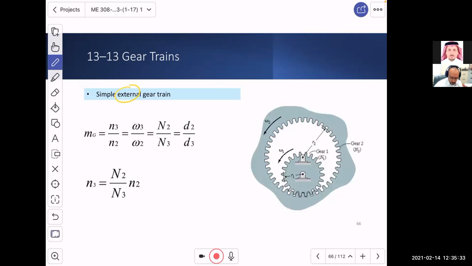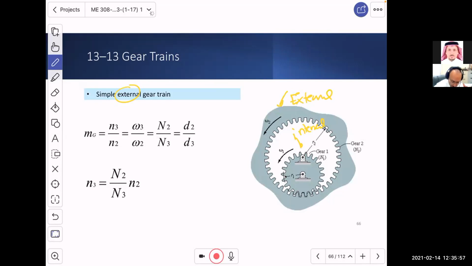Then here, in this example, we have an external gear, and inside there is an internal. So these two gears will always rotate in the same sense. So this is different from one gear beside each other. They always have an opposite rotation.